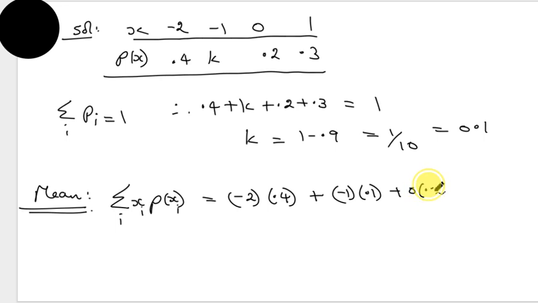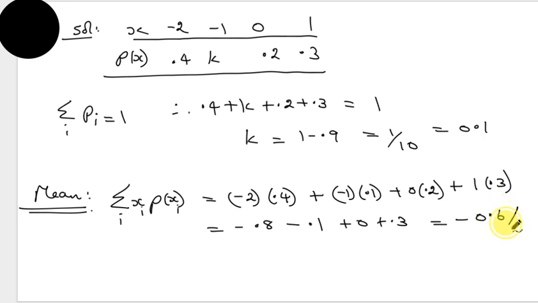Next 0, corresponding probability 0.2. Then 1 into 0.3. Now this is minus 0.8 minus 0.1 plus 0 plus 0.3. Therefore, mean equal to minus 0.6. Mean can be negative.